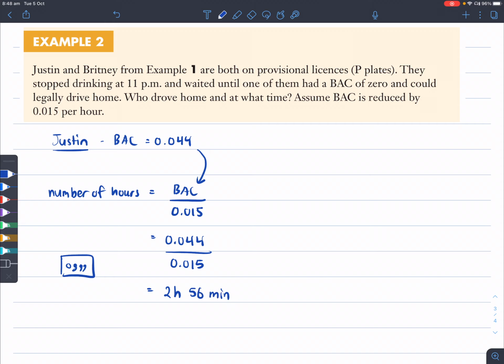So now we have to find out how long it takes for Brittany to break down her blood alcohol content down to 0. So in this case, Brittany's BAC, blood alcohol content, was 0.039, which is slightly lower. So the number of hours in this case is going to use the same formula.